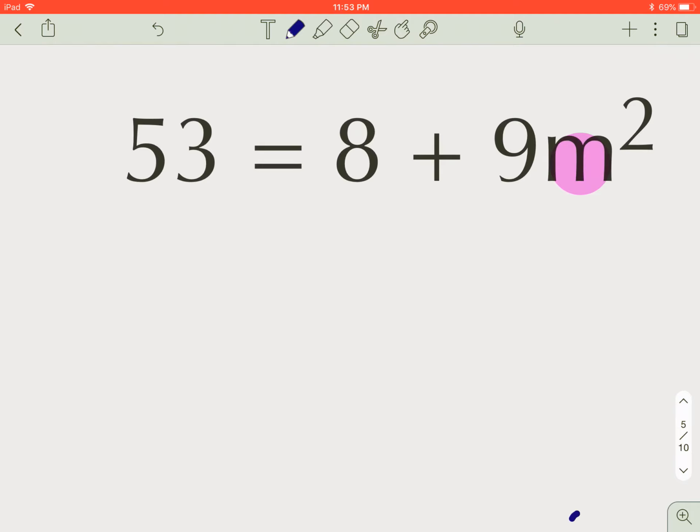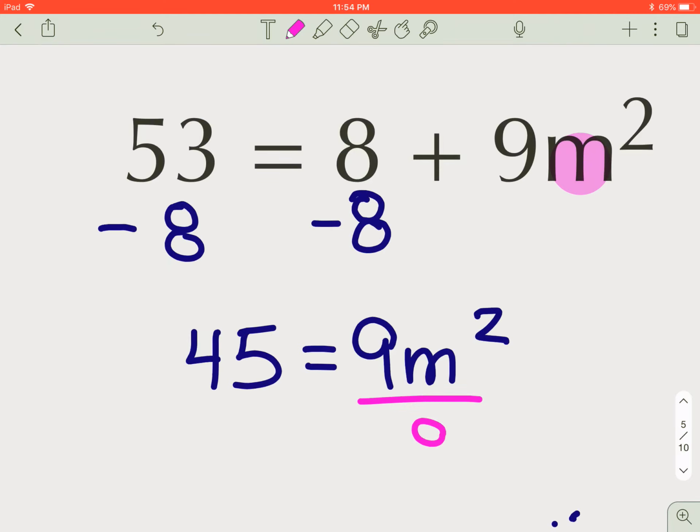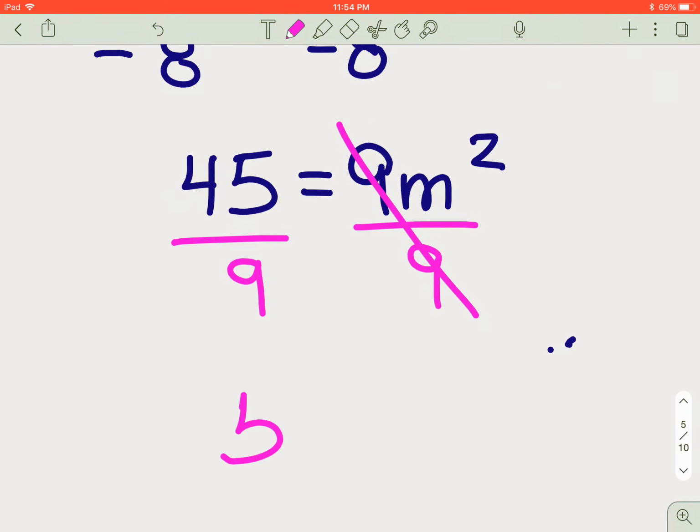So I would subtract 8 from both sides, and I'd be left with 45 equals 9m squared. After I do that, I have to divide both sides by 9. They cancel out. I'd be left with 5 equals m squared.